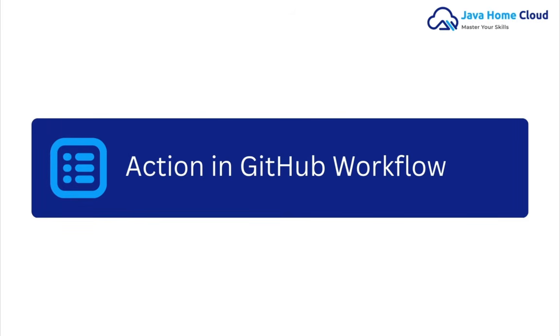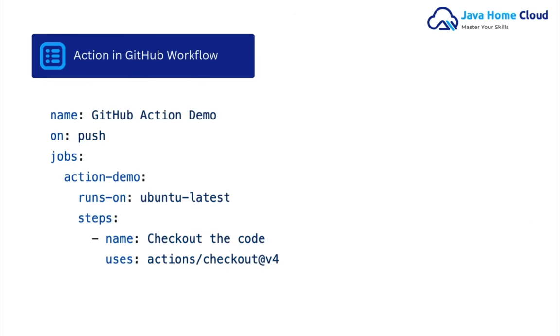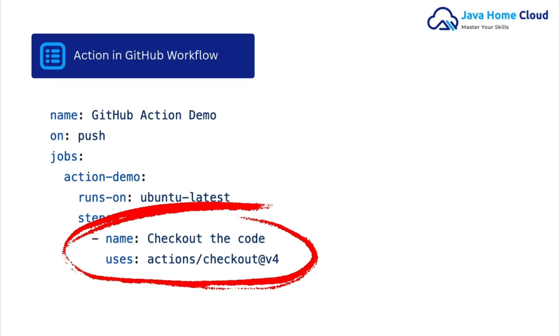In GitHub, Action is a reusable application or set of code that performs a specific task within a workflow. For example, I want to check out the code, right? Where I provide URL, username, password, etc. Now, this particular operation or task is performed almost in every workflow because we check out the code.